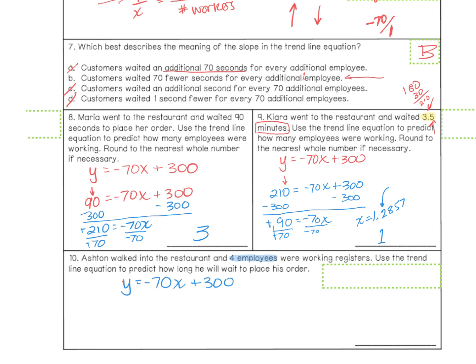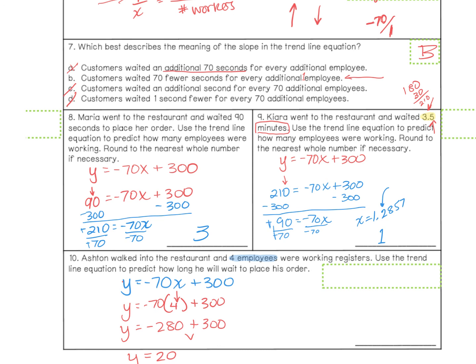So that means we're substituting for X. So now it's Y equals negative 70 times 4 plus 300, because they're talking about 4 employees. Negative 70 times 4 is negative 280 plus 300. And when I add these together, I get Y equals 20.